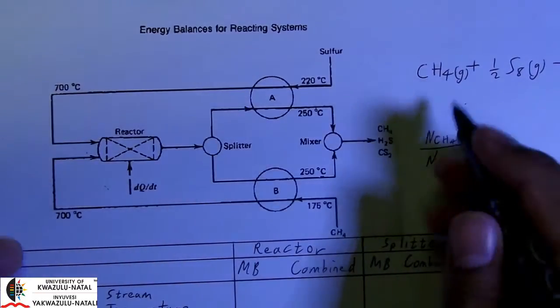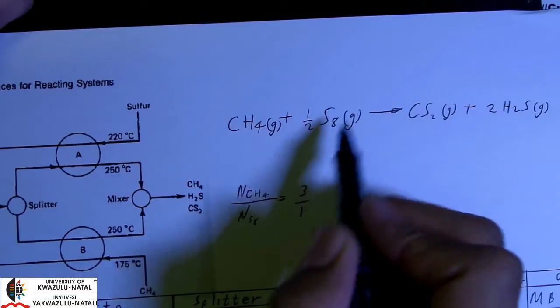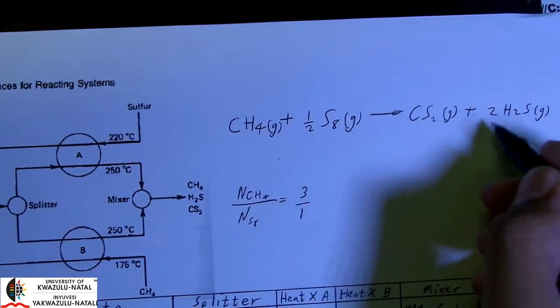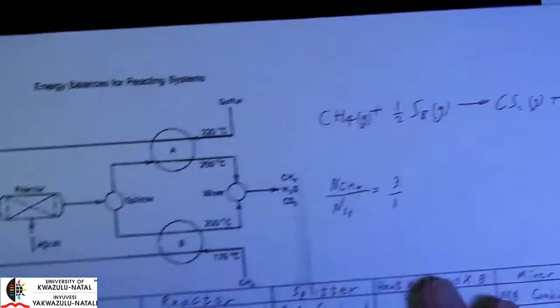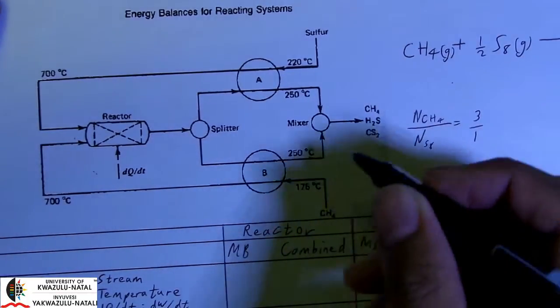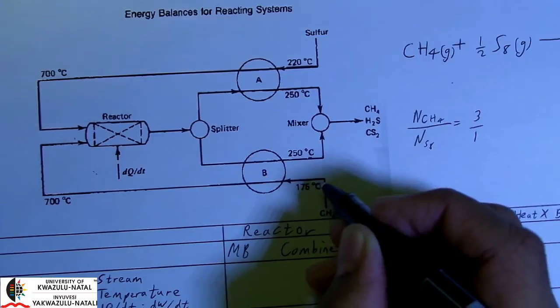Now let's consider the following example. Okay, this is a process whereby we have methane reacting with sulfur to produce CS2 and the co-product H2S. Now let's look at the process. We have methane coming in, and we know the temperature of methane coming in at 175.